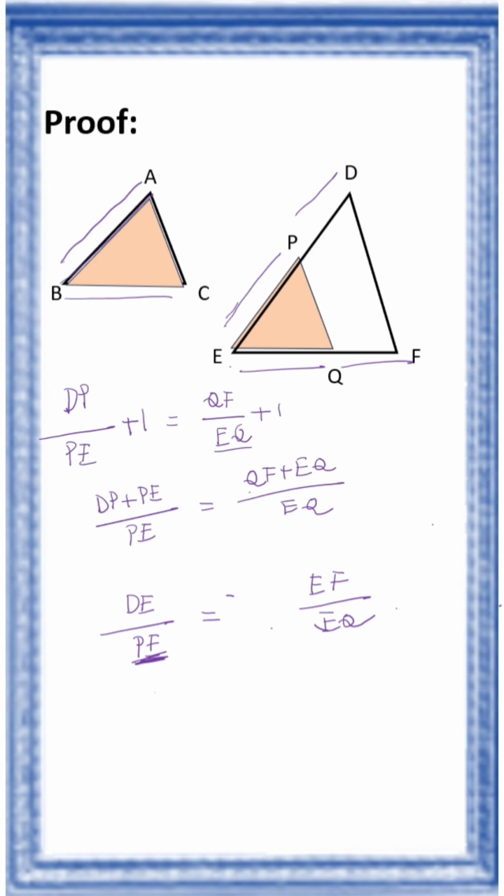DE by AB. This ratio we have got earlier also in the previous slide. Here instead of EQ we can write BC. So instead of EQ you can write what? BC.